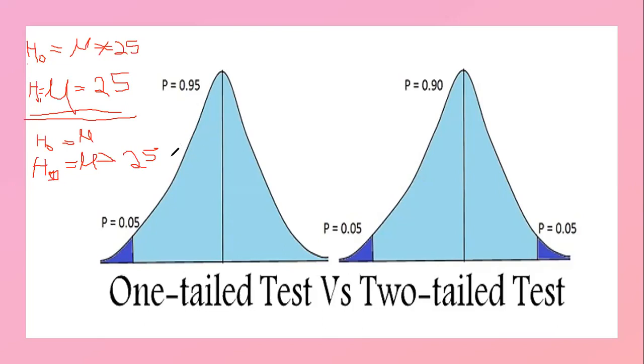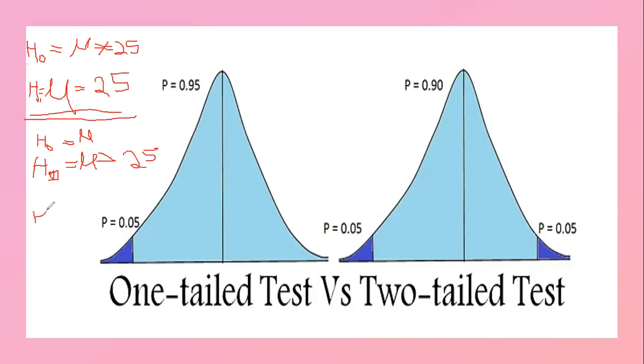If you write this as a statement, the null hypothesis says the average score of the student is not more than 25, and the alternative hypothesis says the average score of the student is more than 25. We are not checking whether it is less than 25. We are checking only whether it is more than 25. So in a one-tailed test, we are checking only one side of the distribution.